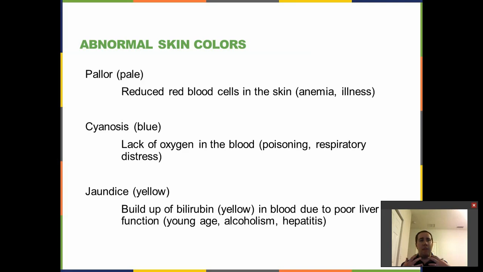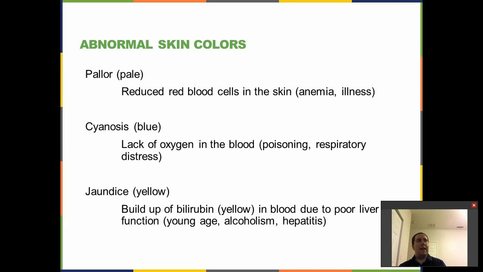If someone is pale, we generally think of them as white. I have kind of pale skin normally, but you can see the hemoglobin, the red underneath, so I have a little bit of a pinkish hue. If I become pale, my skin's going to go white, and that's because the red blood cells that should be there aren't there.